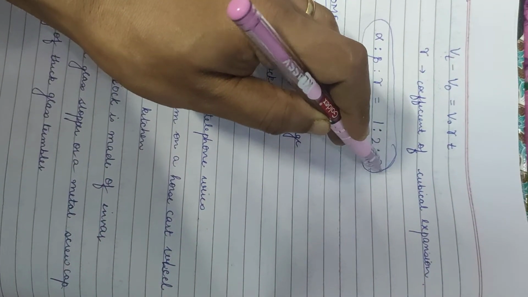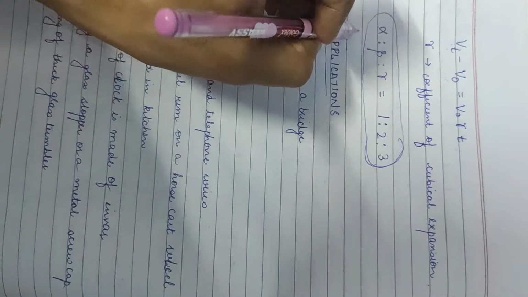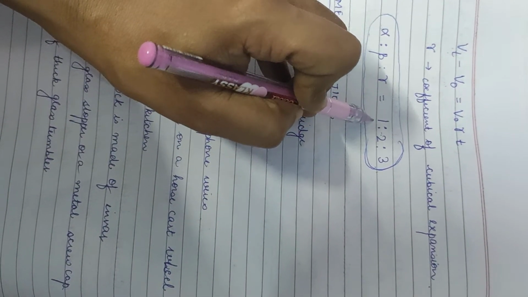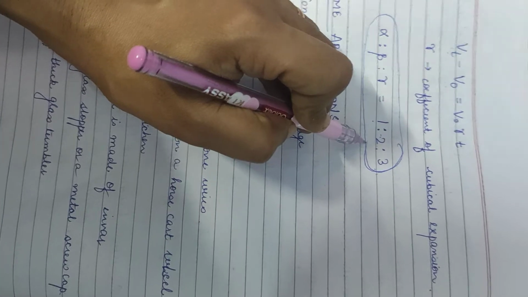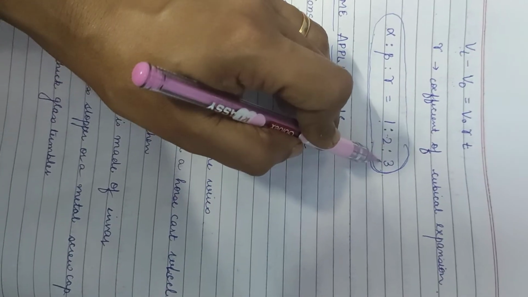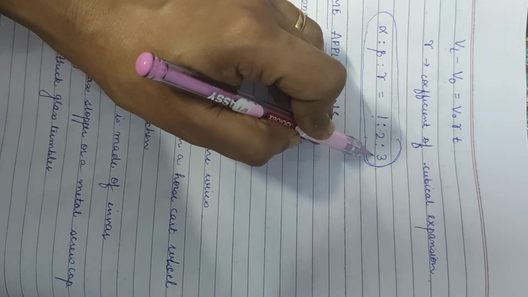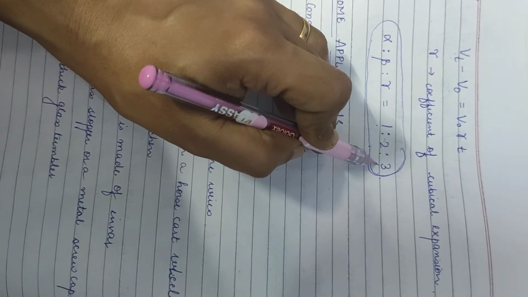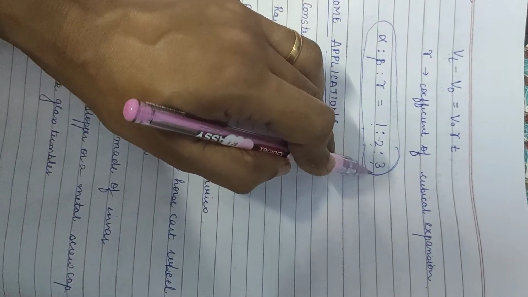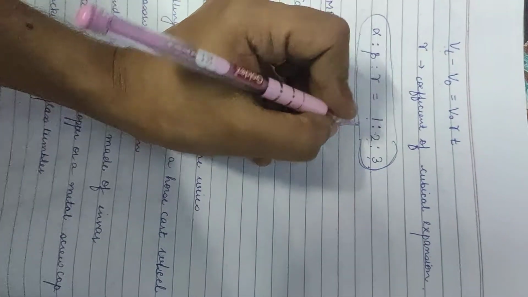The ratio of the expansions of the material is 1:2:3. Why 1? Only one side increase is there. In beta, two sides, length and breadth, are both increasing, and in gamma, length, breadth, and height, all three are increasing. So that's why we have 1:2:3.